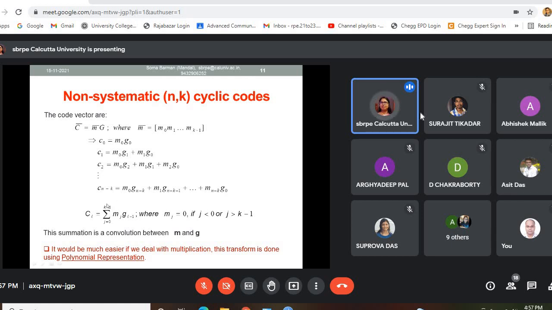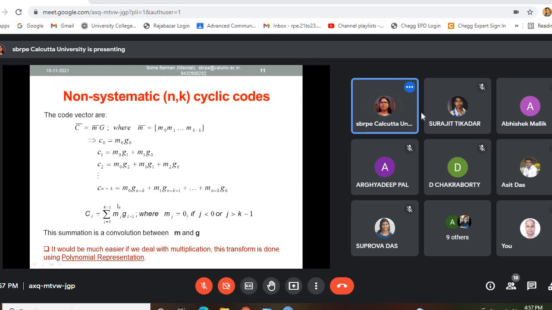Or you can write the summation over j from 0 to k-1 of Mj G(l-j), because this is Cl. This is nothing but the convolution of the generator matrix and the message vector.